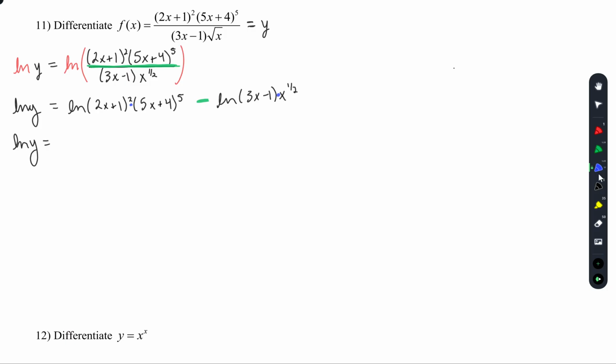Ready? Now we're going to break up the multiplication. I'm going to write it as natural log of 2x plus 1, quantity squared, and instead of times, I'm going to write plus natural log of 5x plus 4 to the 5th. The minus is from before. Be extremely careful about that minus sign, PS.